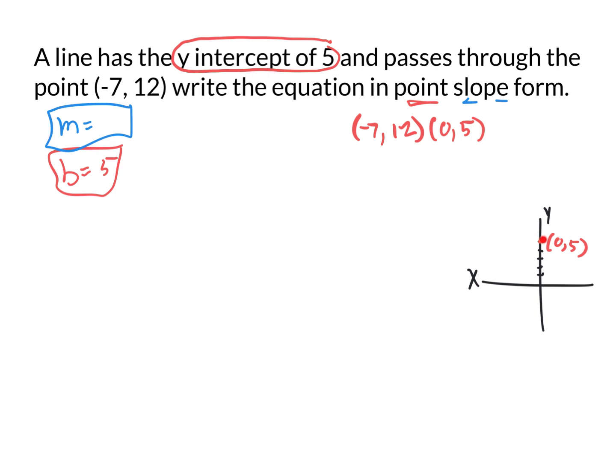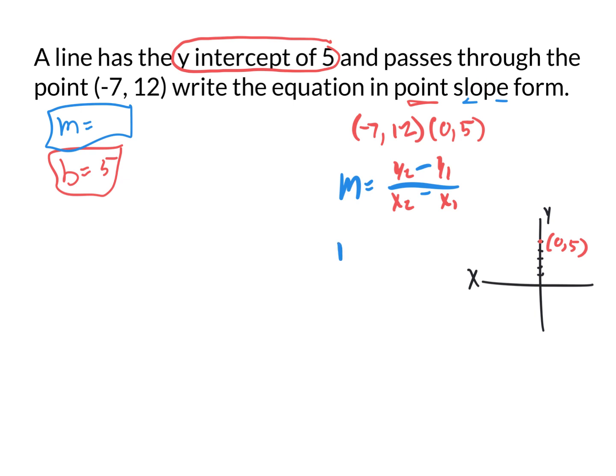That's your second point. So what could we do with 2 points? We could find the slope using the slope formula. So we could actually use the slope formula to find our slope, right? And we need the slope regardless of what form they're asking us, slope intercept or point slope. We need the slope. So we're going to go with this formula.